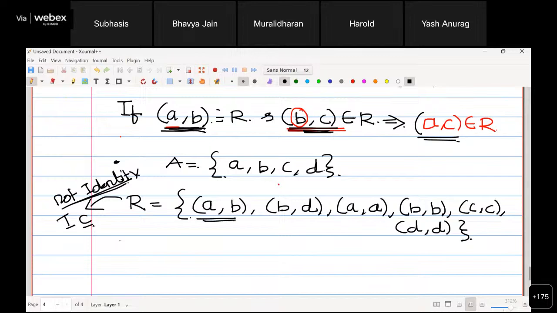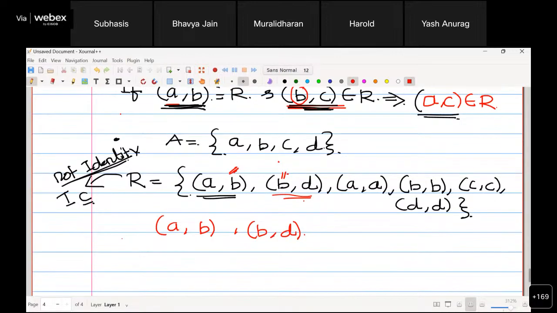I need to find another element where the first component is the same as the second component of this element. As you can see, the second component is B. So I have A comma B and B comma D. Then what I need to check is whether A comma D is there or not.